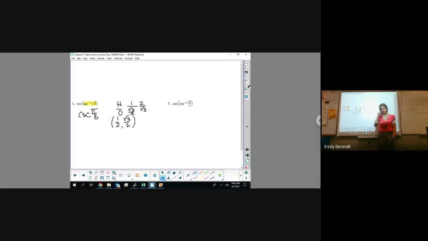And then what do we do with that? Rationalize it to get 2 root 3 over 3. So what is the cosecant of pi over 3? 2 root 3 over 3. So normal trig words followed by an angle get replaced with a ratio. Inverse trig words followed by a ratio get replaced with an angle.